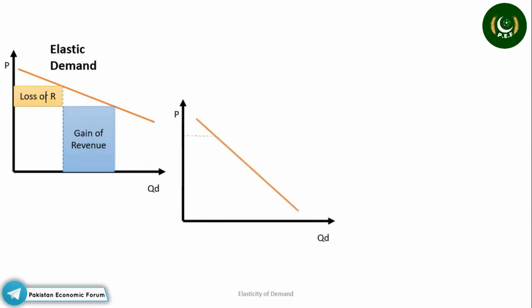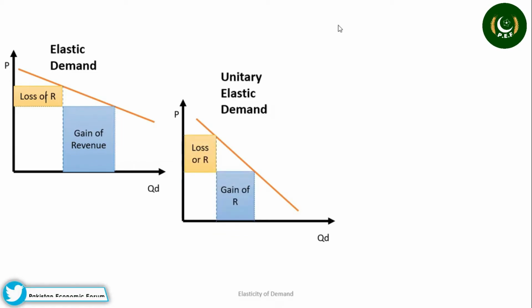Similarly, if a decrease in price results in a loss of revenue that is matched by an increase in quantity demanded of the same magnitude, so the loss in revenue because of the decrease in price is offset by the gain in revenue due to the increase in demand, hence the elasticity of demand will be equal to 1 in absolute value.